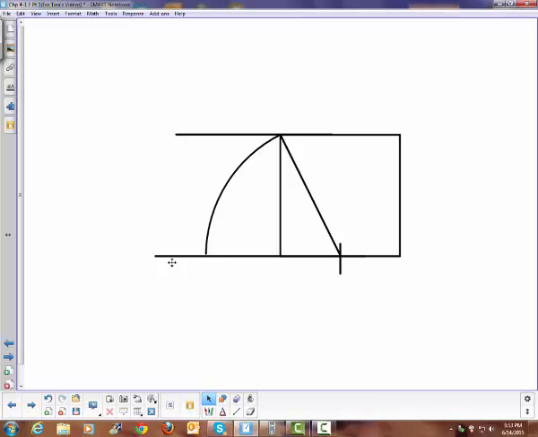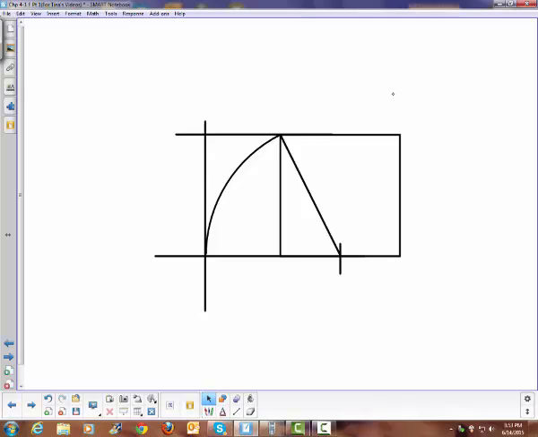I'm going to construct a vertical line. Okay, and I'm going to put that in position so that where the arc hits the base work line of the figure, like so. That looks pretty close right there.